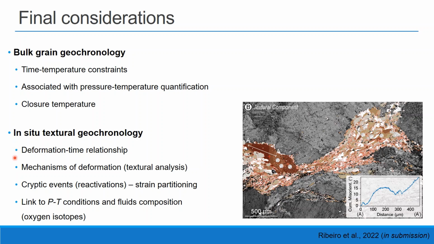And this is also very important for the mechanisms of deformation, how different grains are being deformed in different rocks or in different domains of the rocks because of how the mineralogy is being distributed in the rock and how strain is being partitioned and localized in the rock.